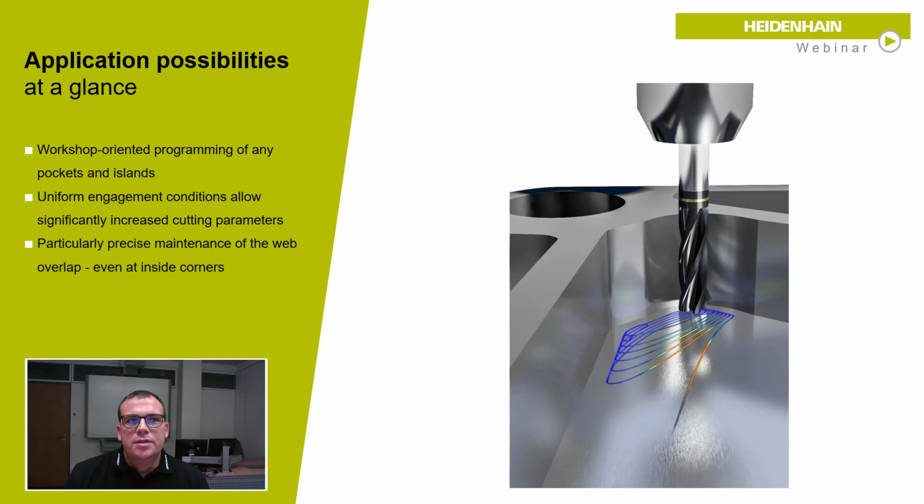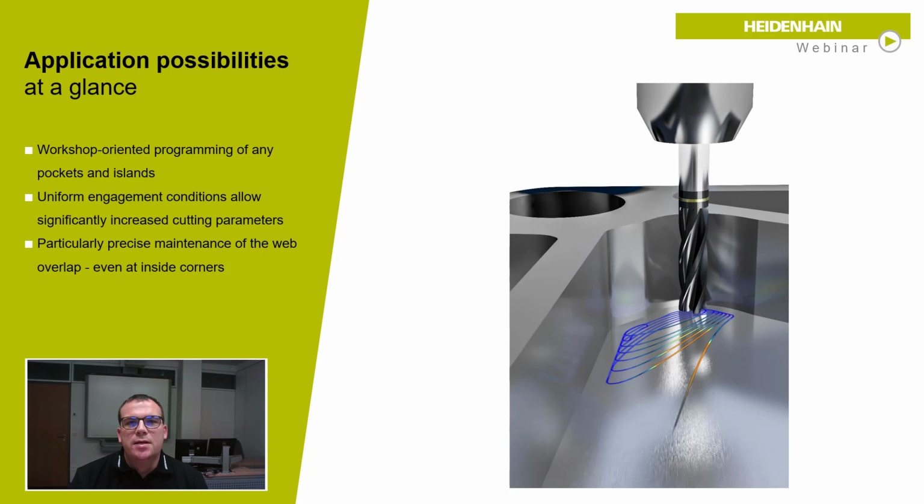The new OCM optimized contour milling cycles are new SL cycles, so contour milling cycles. So we work with different contour programs. These are the descriptions of the contour elements. And when we combine them all together, then we get a new contour milling cycle.